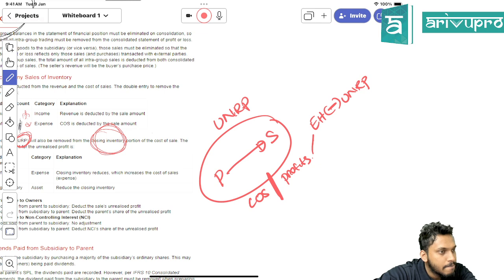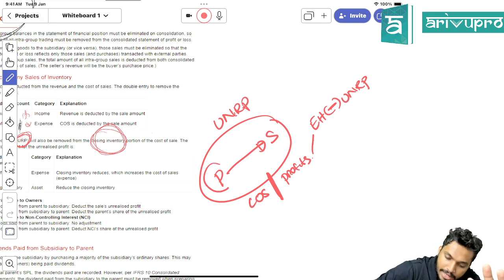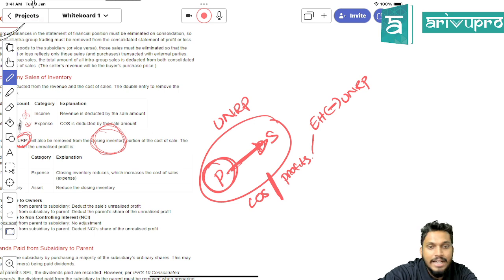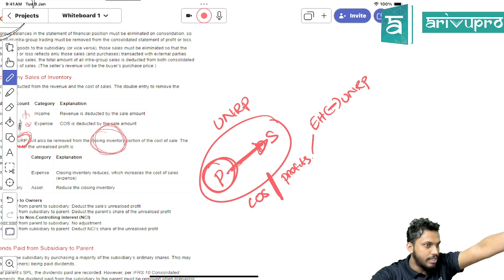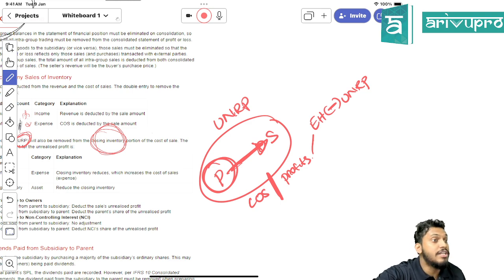So if parent is selling to the subsidiary, and if goods are remaining, you need to calculate the unrealized profits. Once you calculate that unrealized profits, deduct that at cost of sales, okay, and deduct that in the equity holders' profit distribution.